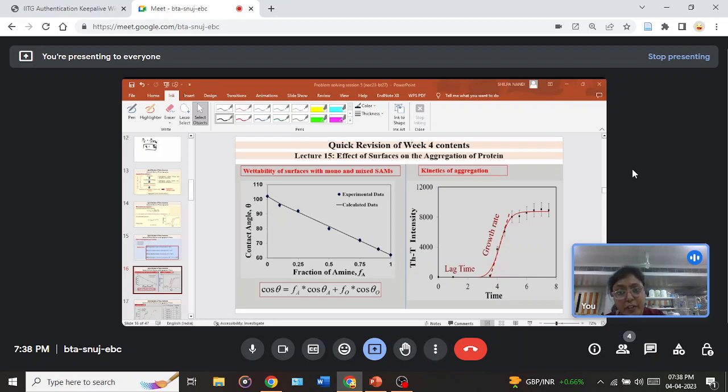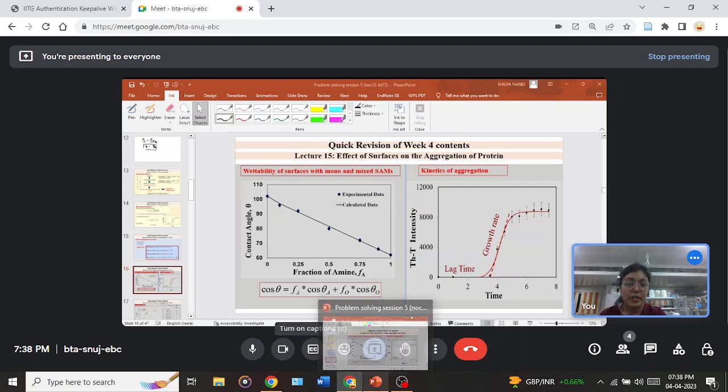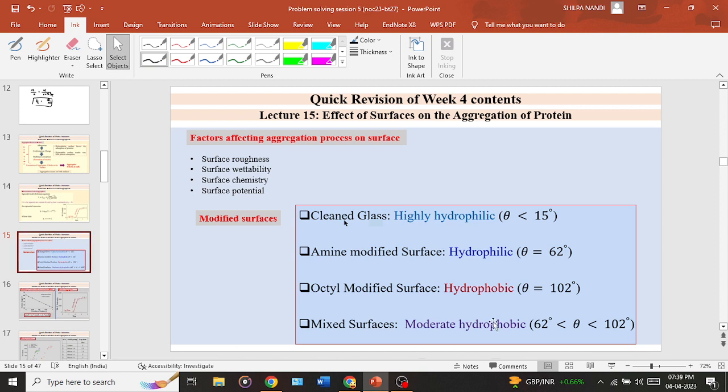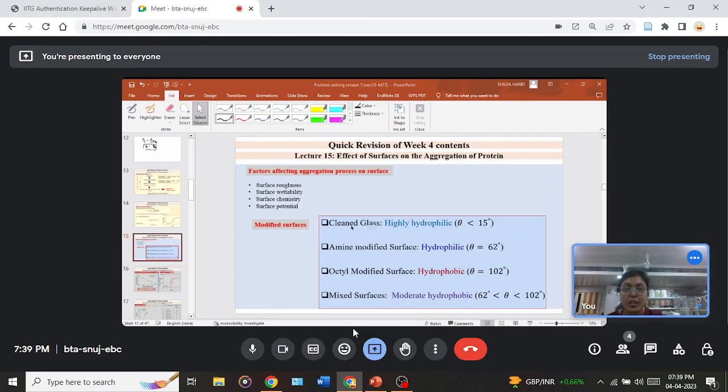When the contact angle is 100 degrees, the fraction of amine is the least, that is 0. And when the fraction of amine is around 1, the contact angle would be something like 61 or 62, which we already saw in the previous slide, where it's written that for amine modified surfaces theta is equal to 62 degrees.